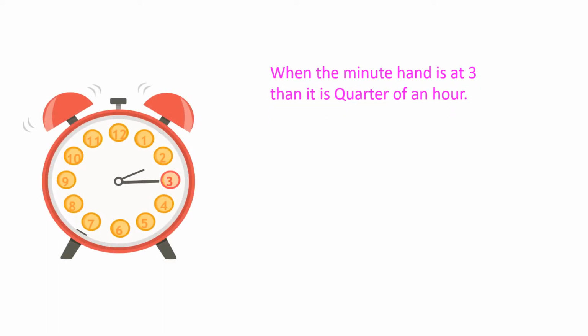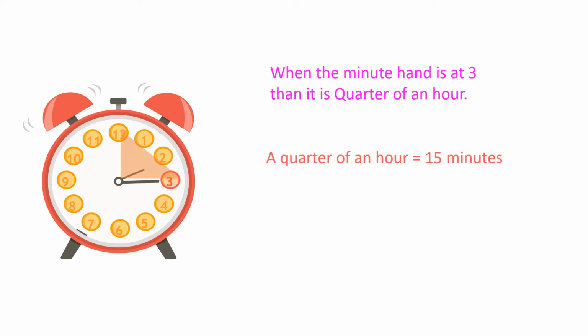Students, now we will learn using the terms a quarter past, half past and a quarter to. When the minute hand is at 3, then it is a quarter of an hour.